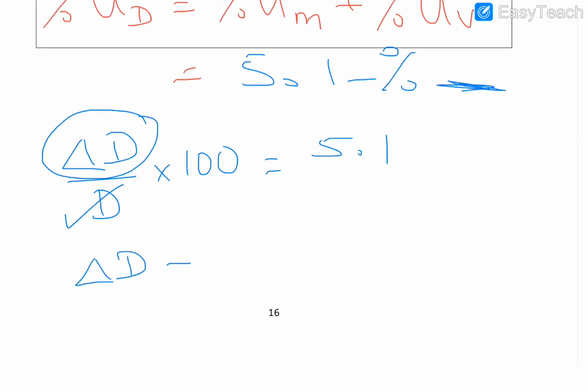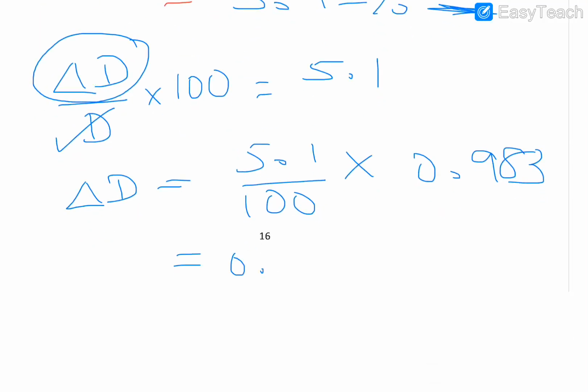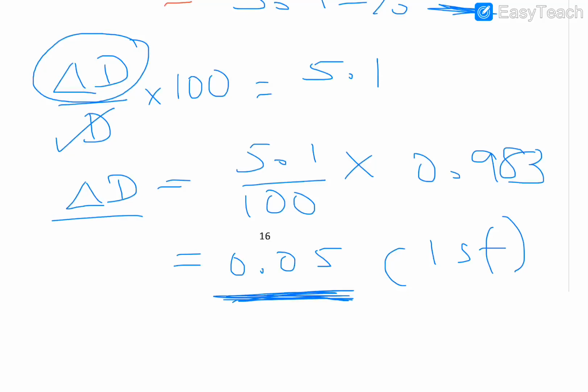So delta D would be 5.1 over 100 times the density, which is 0.983, which gives me 0.05, which is to 1 SF. Okay, this is where the SF matter. Okay, the final answer, the uncertainty in the density.